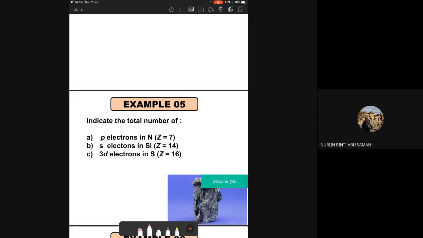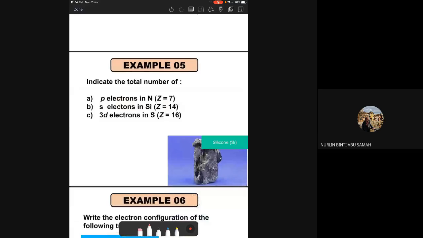Okay, macam contoh soalan yang ni, P electrons in N. Contoh saya bagi untuk A, nitrogen. N ni nitrogen, nitrogen 7 kan. Okay, so saya letaklah 1S2, 2S2, 2P3.